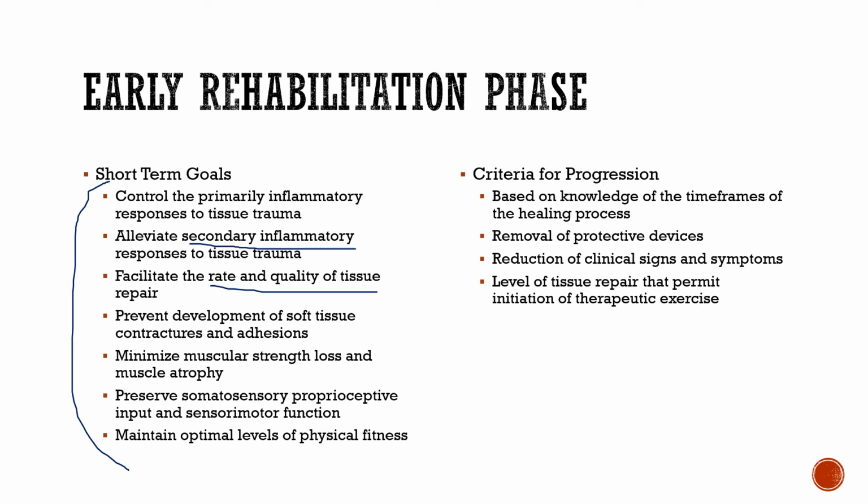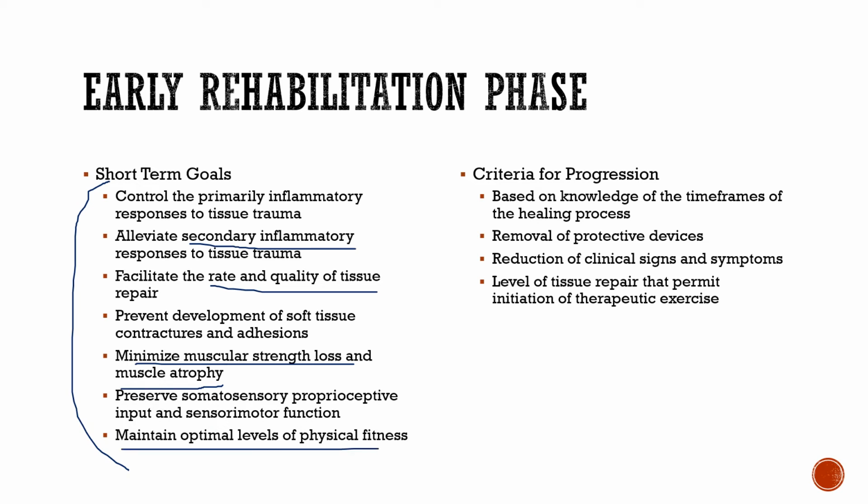This is where before we were talking about early range of motion, right, as a phase. So they all are talking about the same thing. They're just using slightly different language. Same thing here, minimize muscle strength loss and muscle atrophy, right? This is our muscle activation component. Preserve the somatosensory proprioceptive input, same thing there, right?